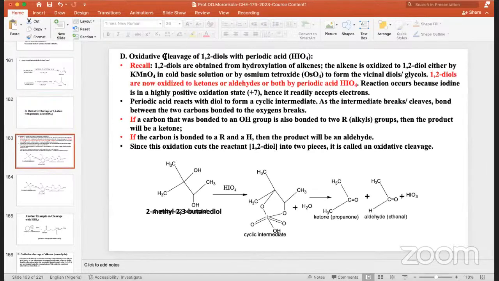Over here in D, oxidative cleavage, we are making the cleavage on a 1,2-diol, that is neighboring. It is not compulsory that it has to be on carbon number 1, but the diol must be such that they are near each other. Sorry, please. Let me pause for a moment and put it through.